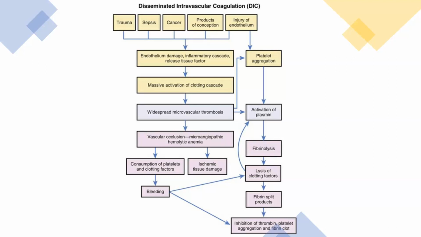These clots then get broken down via fibrinolysis, and then you would keep trying to reinitiate that clotting cascade until those factors are completely consumed, resulting in widespread hemorrhage. And you can see some of the causes of DIC are massive trauma, sepsis, even cancer, products of conception, and then direct injury of the endothelium as well.